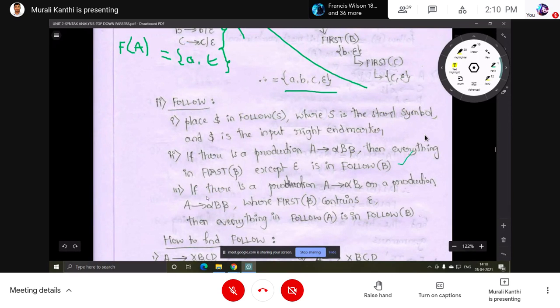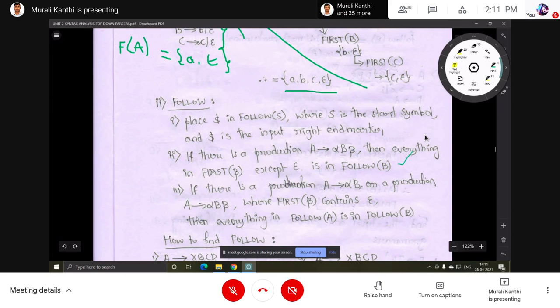Then the third rule: if there is a production like A implies alpha B, previously A implies alpha B beta, but here only B is there and beta is not, so finding follow of B, after B nothing is there. Or a production A implies alpha B beta, where first of beta contains epsilon. These two productions are the same. Here beta has epsilon, and here nothing is there.